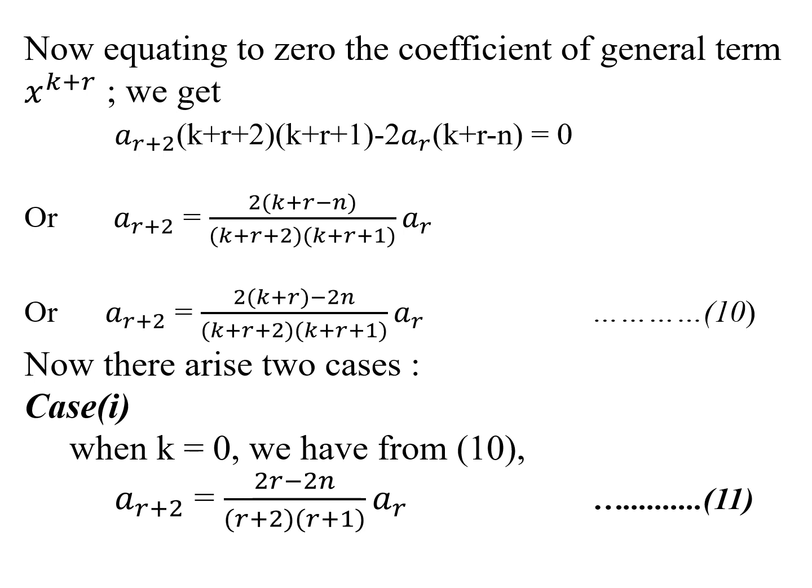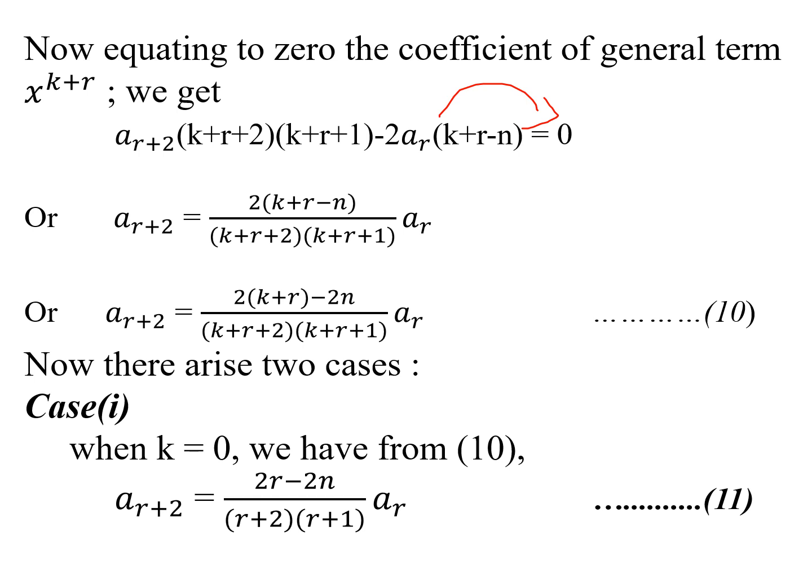So, a(r+2) is equal to, taking this to the other side, 2(k+r-n) divided by (k+r+2)(k+r+1) into a(r). Writing this as 2(k+r-2n) divided by (k+r+2)(k+r+1) into a(r).